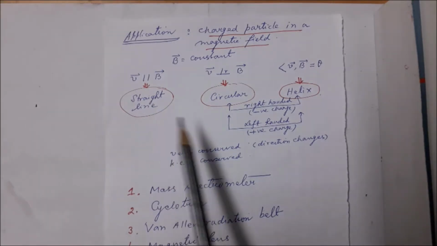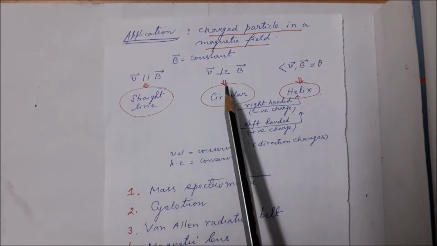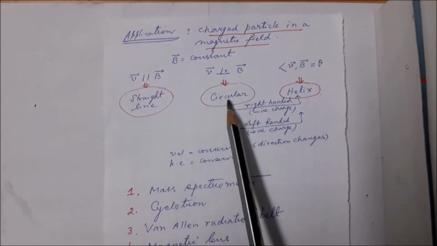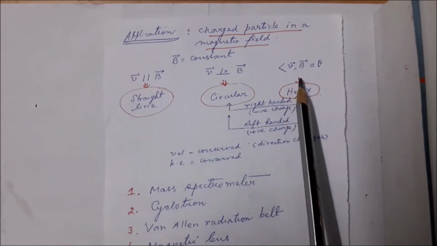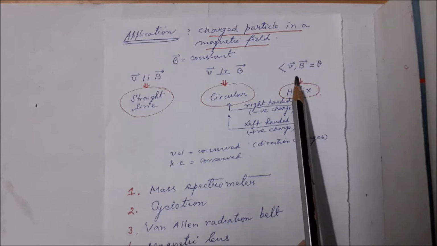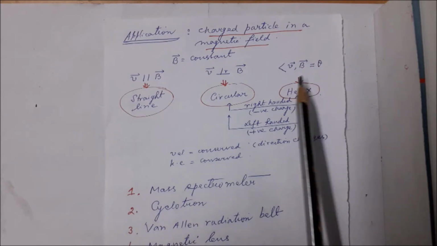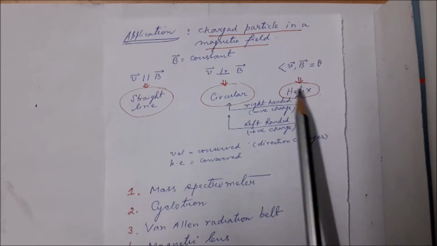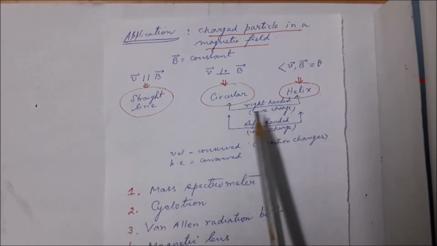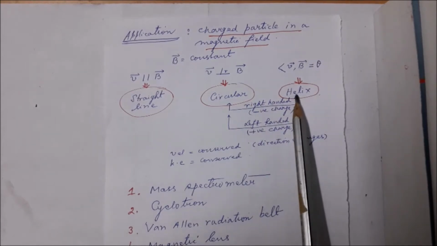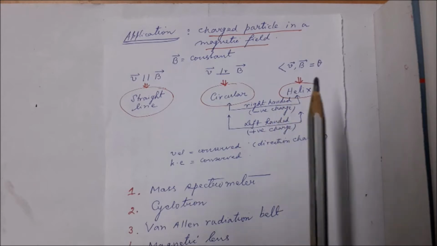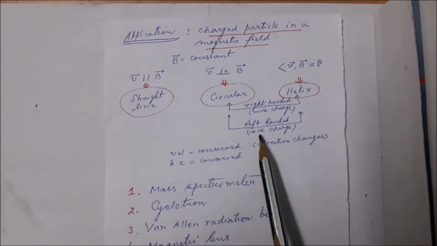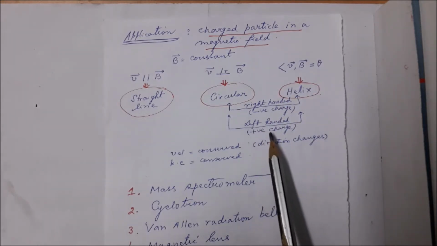If it enters the field normally, then the trajectory is circular, while if it enters the field at an angle, that is makes an oblique entry, inclined entry with respect to the field, then it follows a helix. The sense of traverse of circle or helix will be right-handed for a negatively charged particle, while it will be left-handed for a positively charged particle.